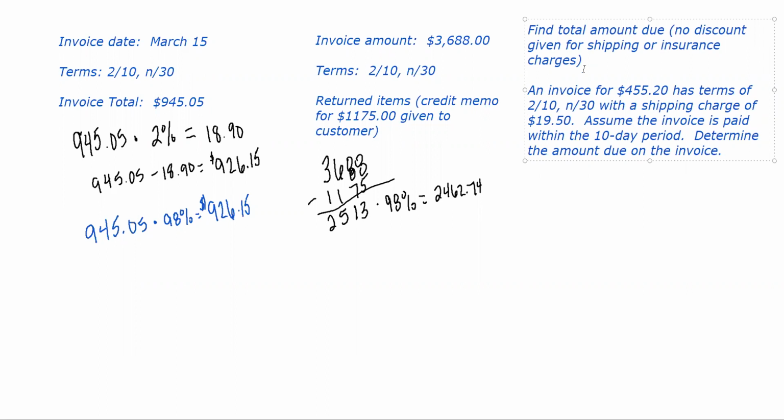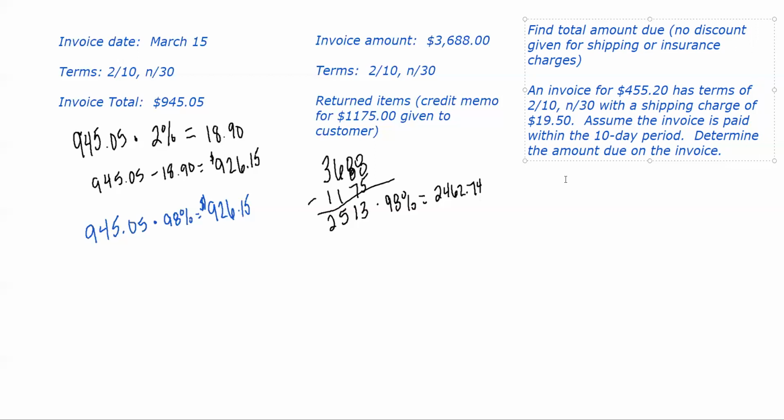So again, find a total amount due. No discount is given for shipping or insurance charges. So I have an invoice that's $455.20 and has terms of 2/10, N/30, 2% at 10 days, and the net due at 30 days, with a shipping charge of $19.50. So assuming the invoice is paid within the 10-day period, determine the amount due.